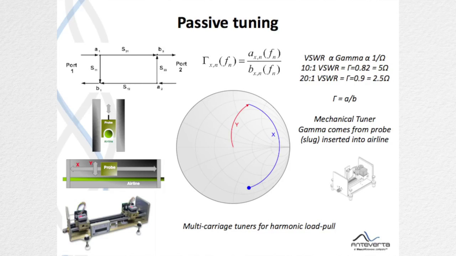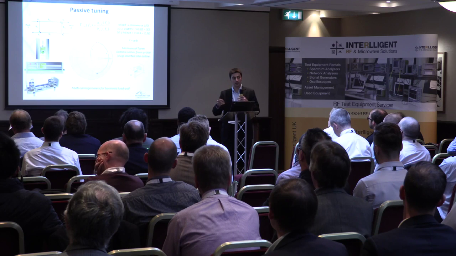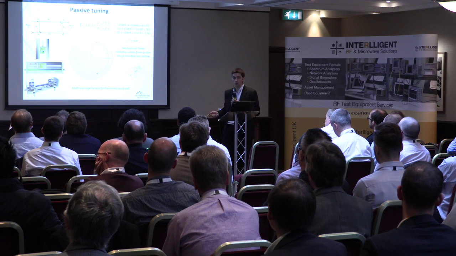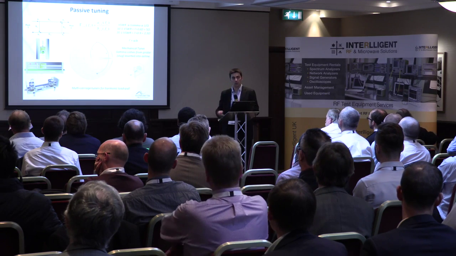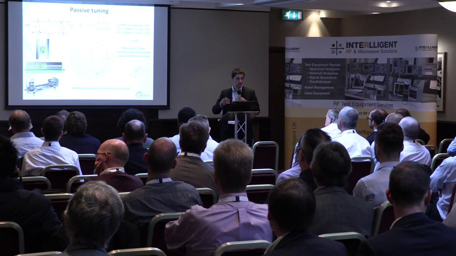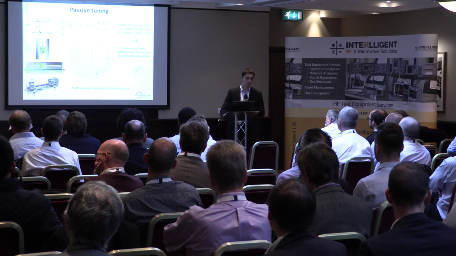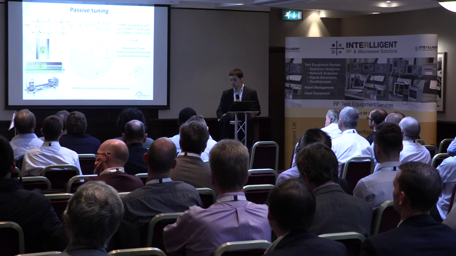Basically, the 2 or 3 degrees of freedom allow you to tune the impedance not only at the fundamental but also at the second and third harmonic. And even though these are strictly related, meaning that one carriage will also move the impedance at the harmonic, through software you can characterize your tuner and tune the 3 frequencies independently.